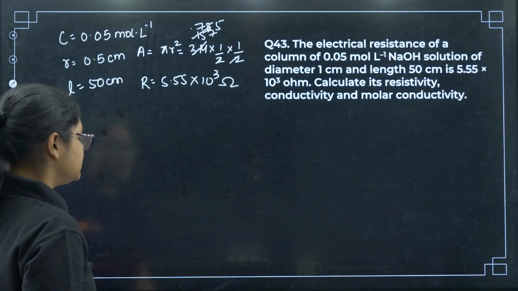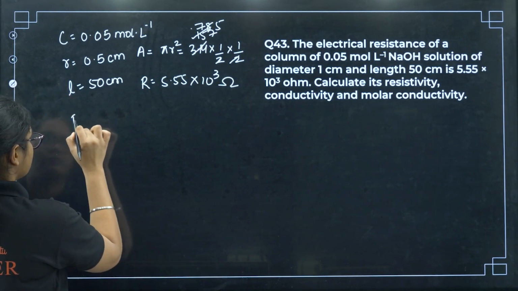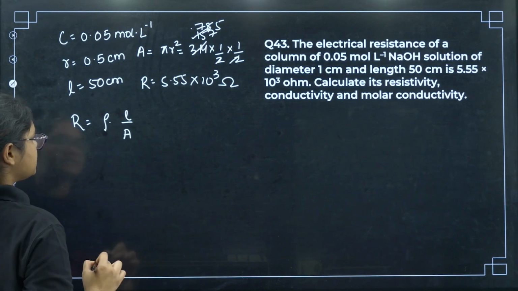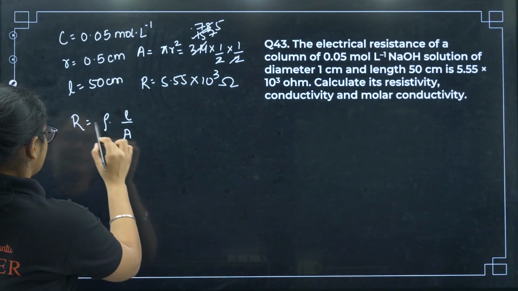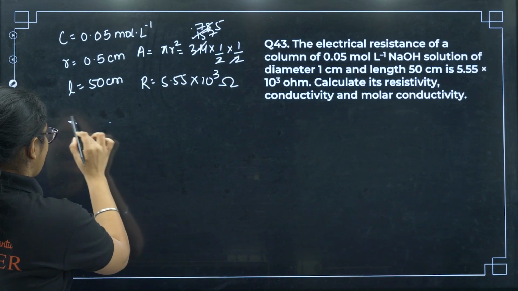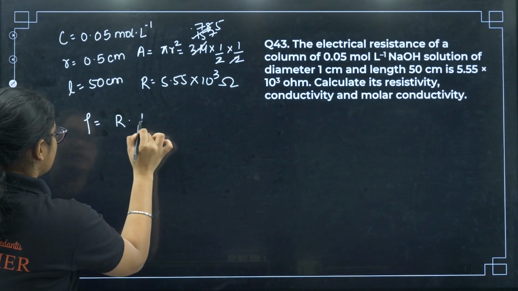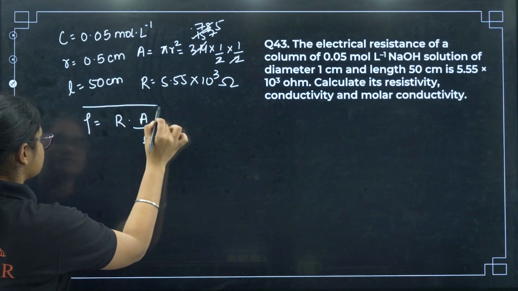Okay, calculate its resistivity. So we have this formula, R is equal to rho into L by A, or resistivity is what? Rho. So I can write resistivity is equal to R into A by L. Okay, this is my formula.